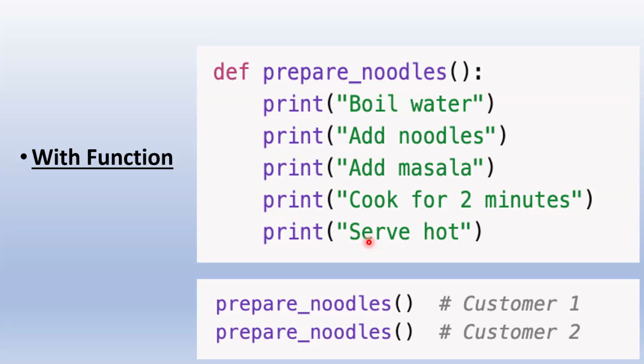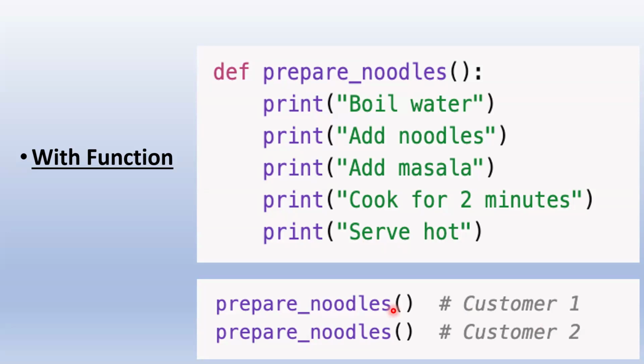Normal masala we have, or spicy noodles we have, so we use some other spicy masala powder for it. Both customer 1 and customer 2, in this case, have no specific requirement. Both of them want the same set of things.